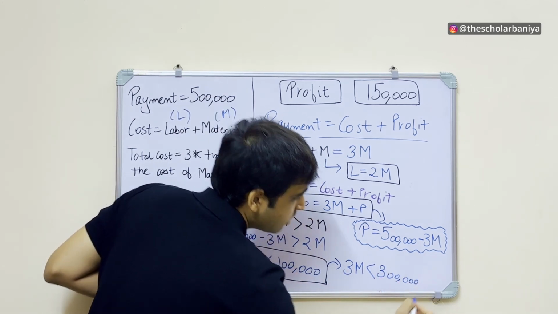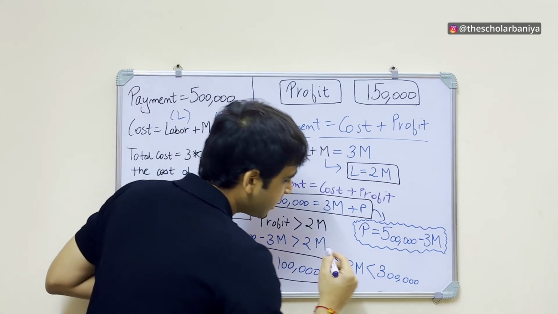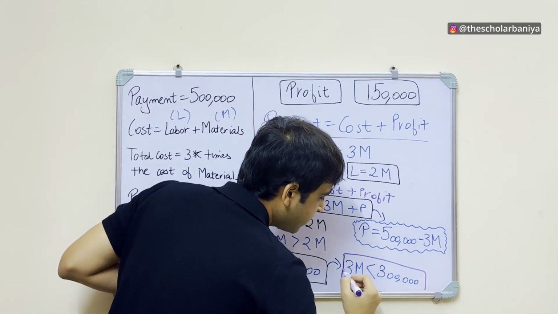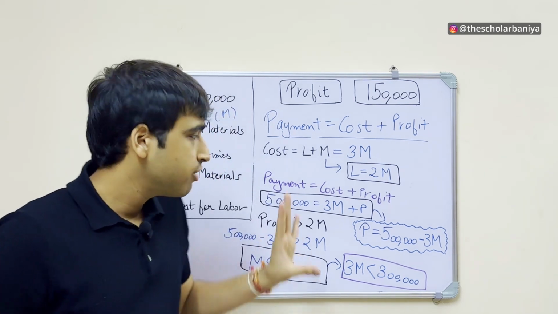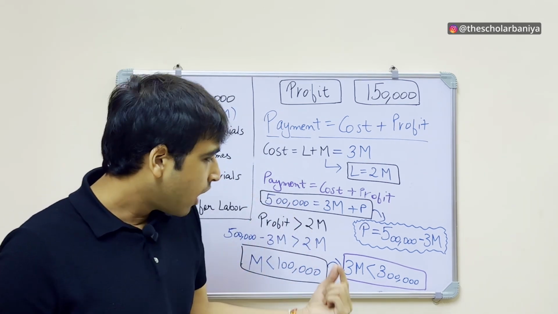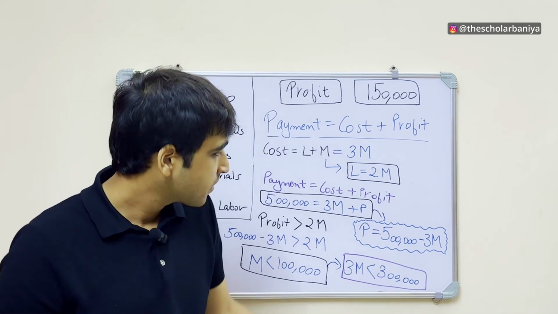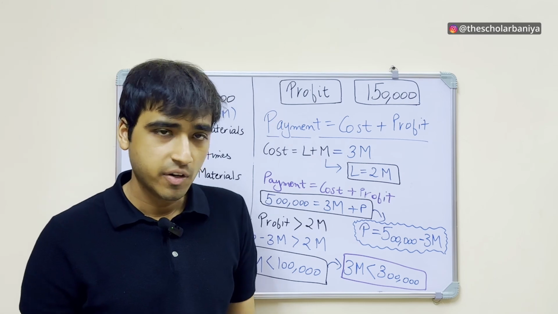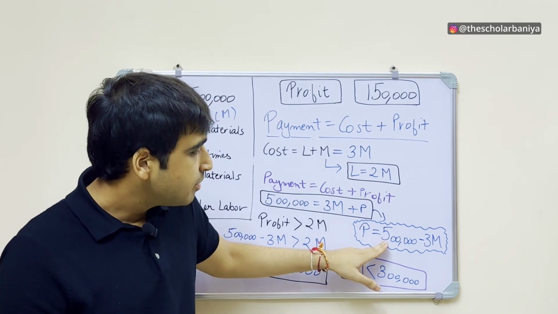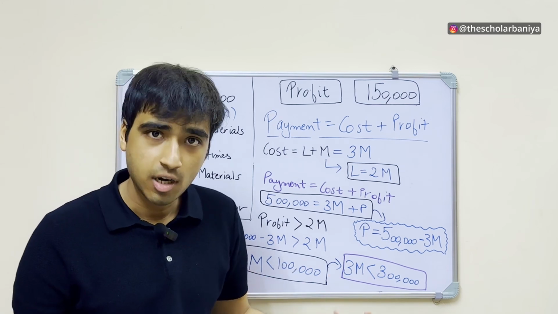I think this should be very fine, that if M is less than 100,000, then 3M should be less than 300,000, right? I think now you should get the answer. Now if 3M is less than 300,000, and if you subtract 500,000 minus 3M, this means that the value of P will be greater than 200,000, right?